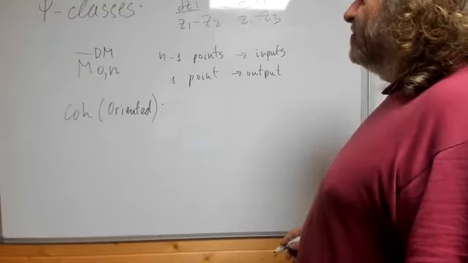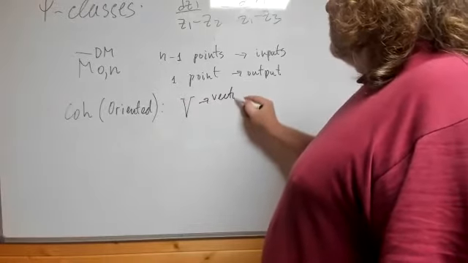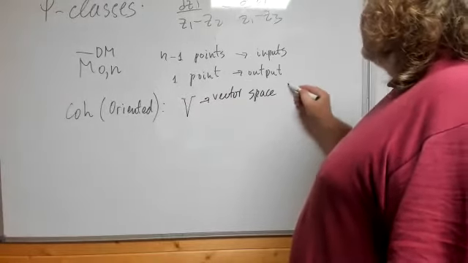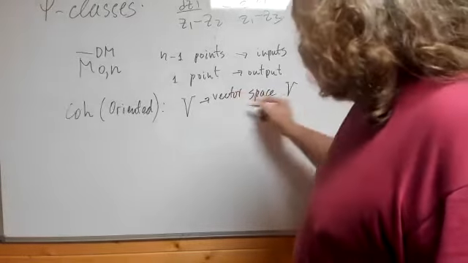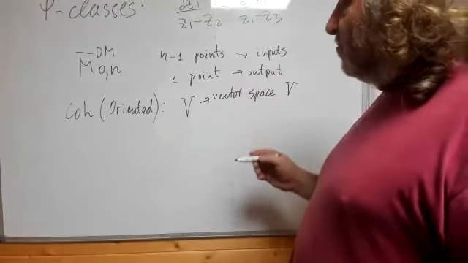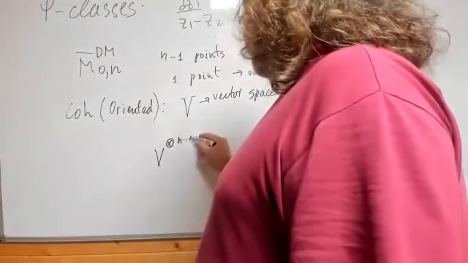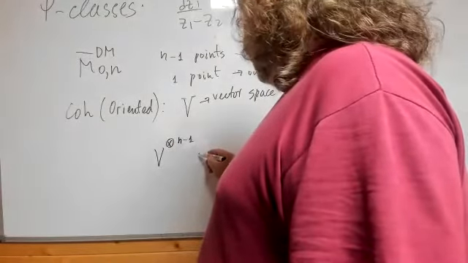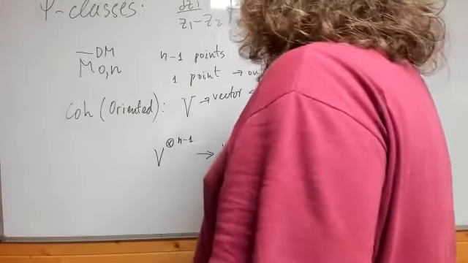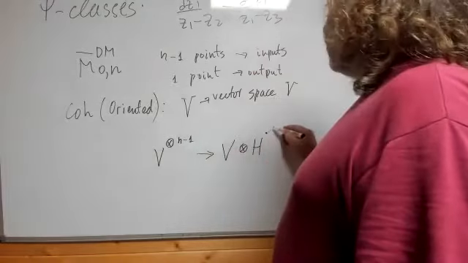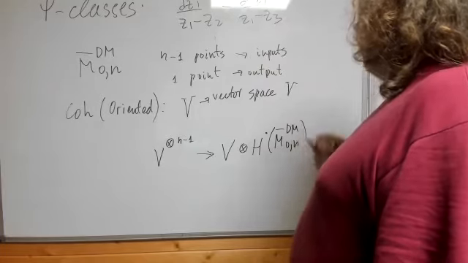It associated to the vector space V a map, V to the power n minus 1 to V tensor cohomology of M0n Deligne-Mumford.